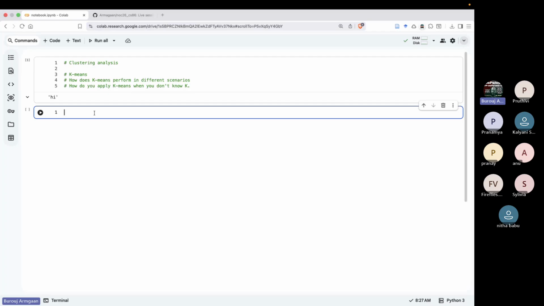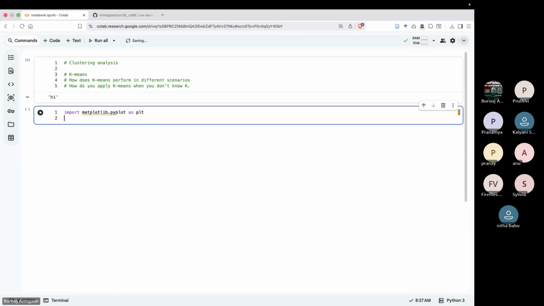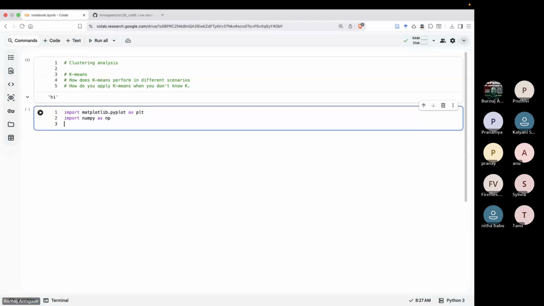So let's start by importing our basic libraries. We'll need pyplot, numpy. We need sklearn's k-means.